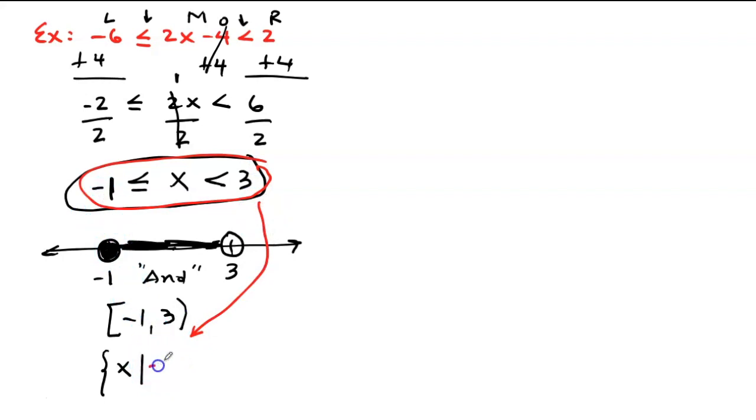So -1, the same thing that you have in the inequality, and that's my set builder notation. The set of all x such that x is greater than or equal to -1, but it's also less than 3, and you close with the brace.